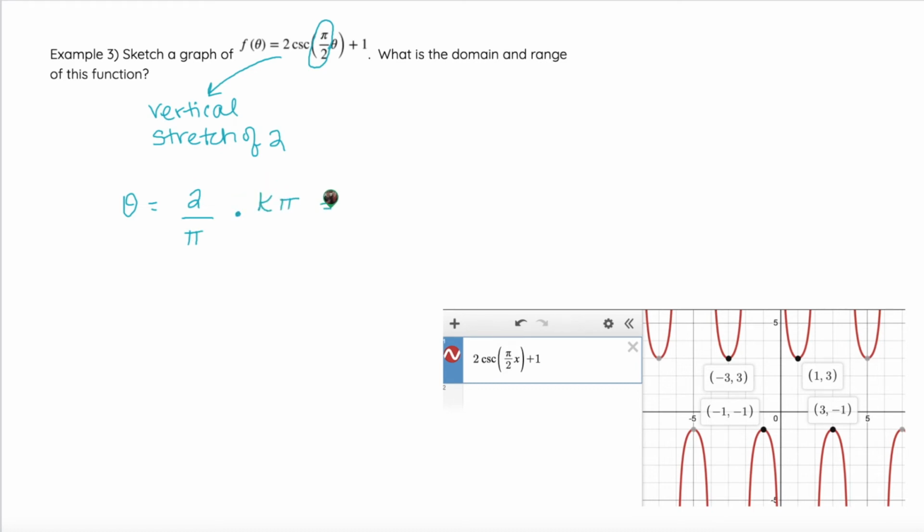So when I simplify, we will have vertical asymptotes every two times our value itself, whatever we're inputting. We have this plus 1 on the outside, and we know that this plus 1 tells me that we're going to shift up 1 unit.